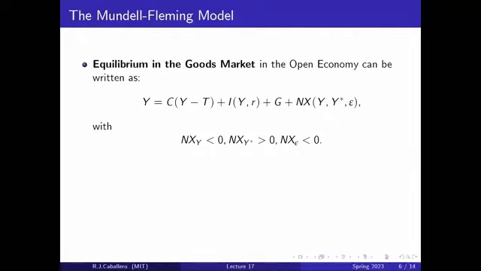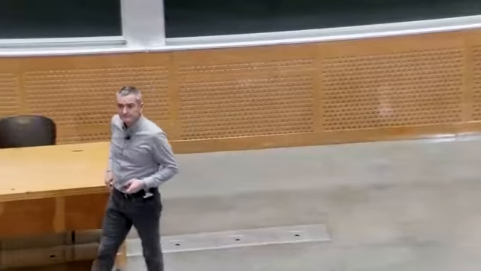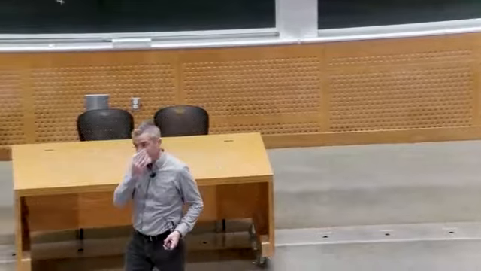And we said this net exports is a function of three things. It's a function of output, and it's a decreasing function of domestic output. Why is it a decreasing function of domestic income?